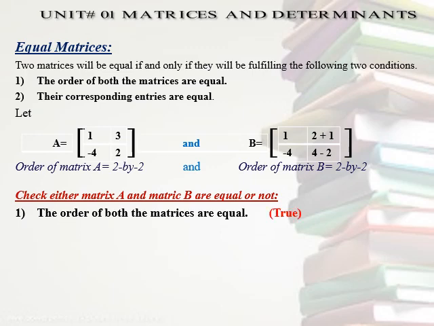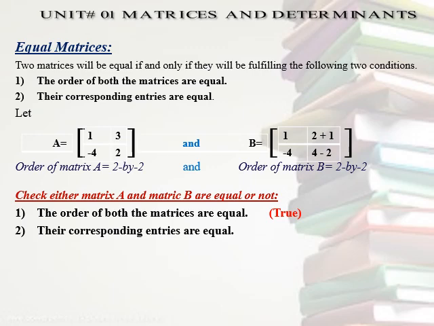Our second condition is their corresponding entries are equal. The first entry of matrix A is 1 and the first entry of matrix B is also 1. The second entry of matrix A is 3 and the second entry of matrix B is 2 plus 1, which is equal to 3.